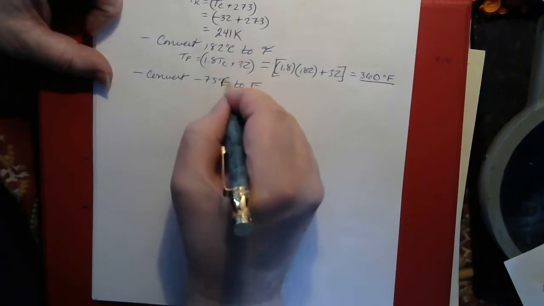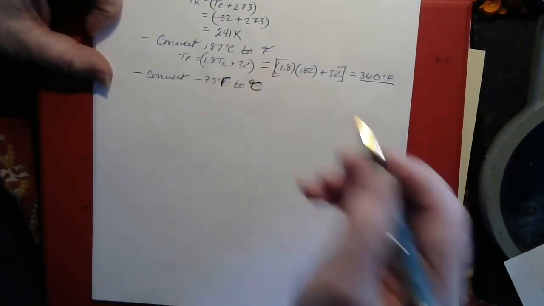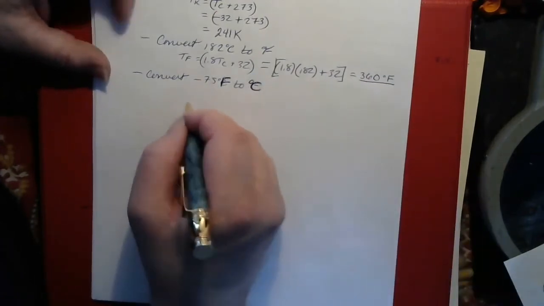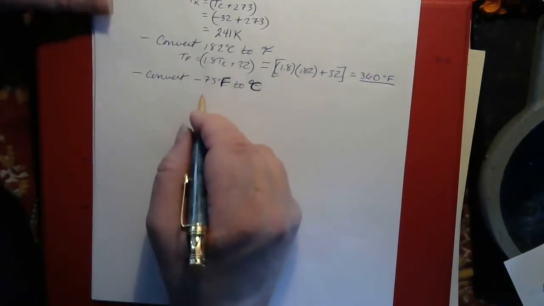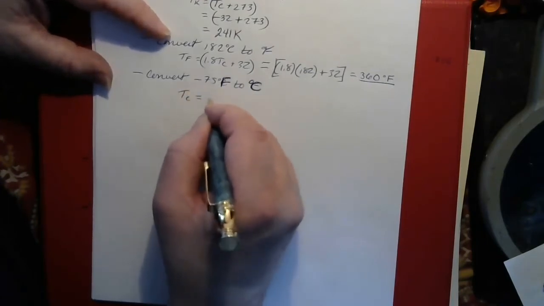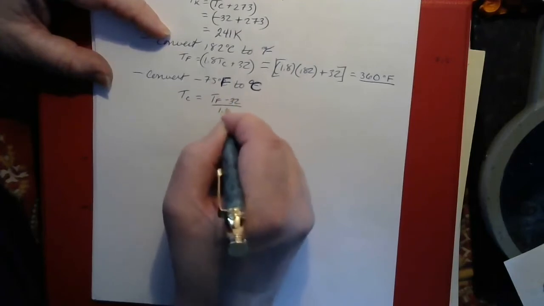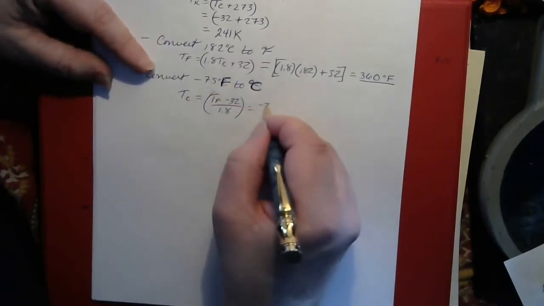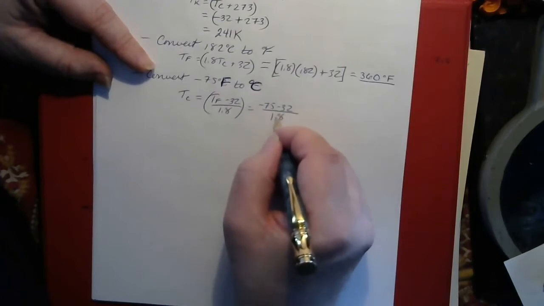Okay, I'm going to switch this one around just because who really cares about going to Fahrenheit? We're scientists, we use Celsius now. So convert negative 75 Fahrenheit to Celsius. Well, temperature in Celsius is equal to temperature in Fahrenheit minus 32 over 1.8. Temperature in Fahrenheit is negative 75 minus 32 over 1.8.